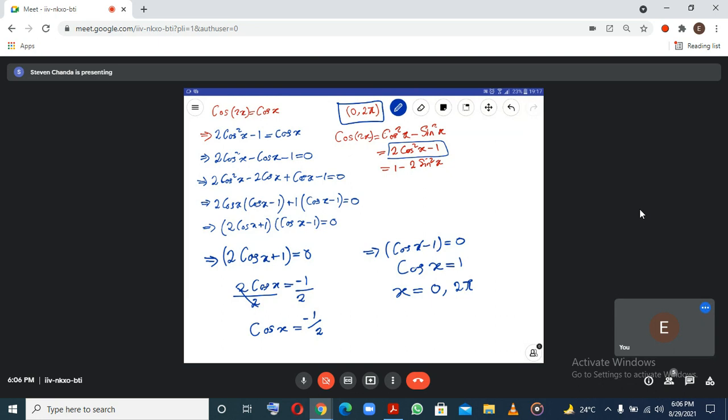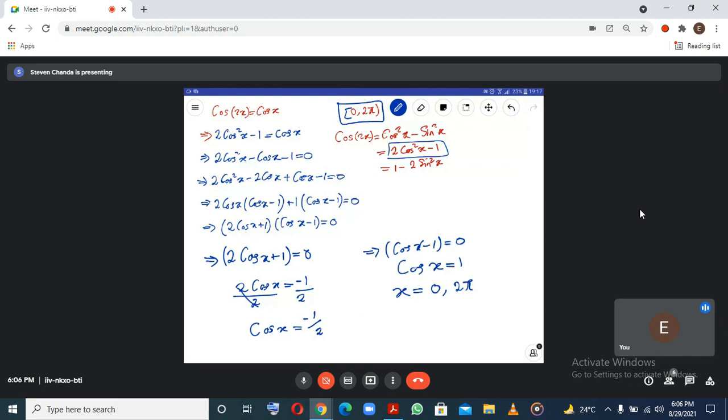So meaning we just want angles which should be less than that, but for the zero, oh sorry, I made a mistake with this. For the zero, it's actually that.